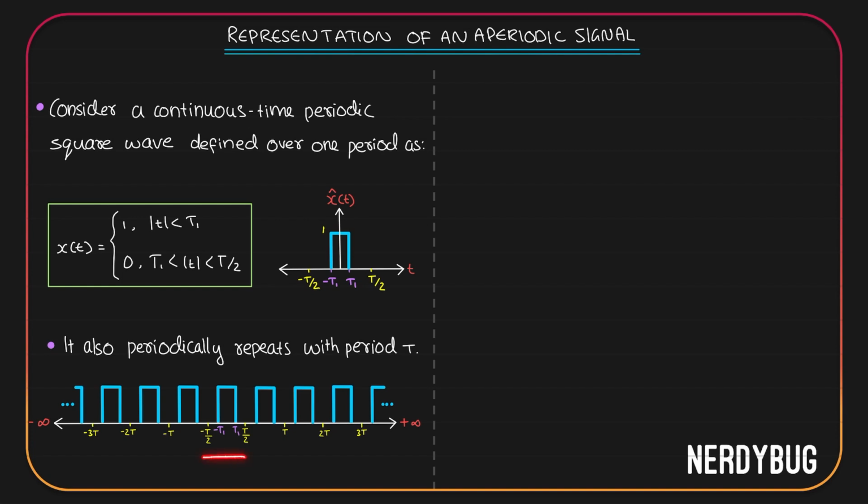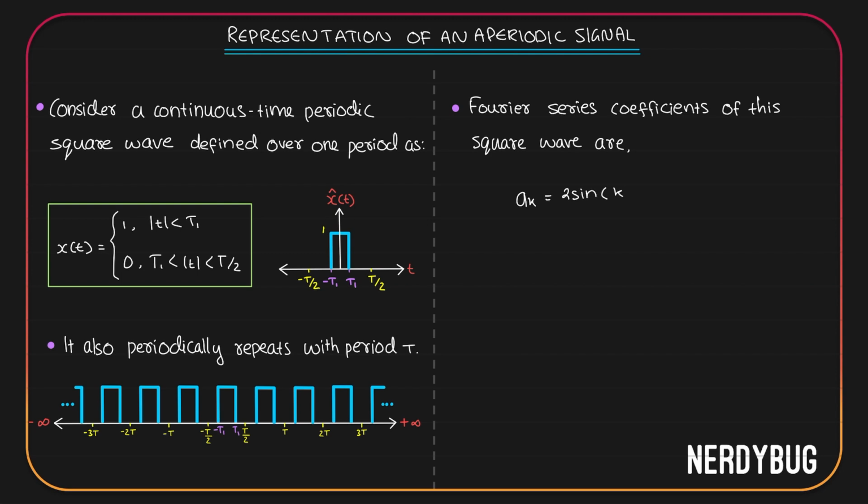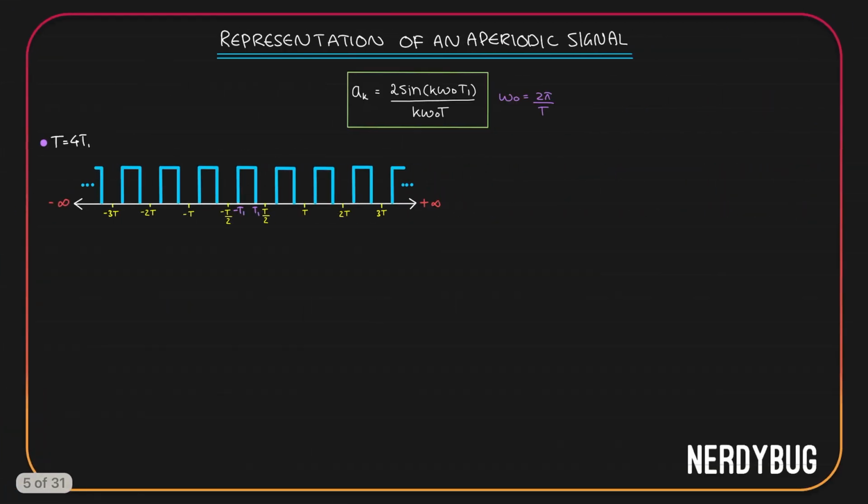We have actually seen this signal before. In one of our previous videos, we have found out its Fourier series coefficients. We got that a k is equal to 2 sine of k omega naught t1 divided by k omega naught T. Here omega naught is related to T as omega naught is equal to 2 pi divided by T. In this particular case, the time period T is actually 4 times t1.